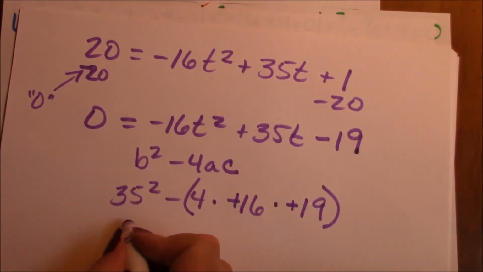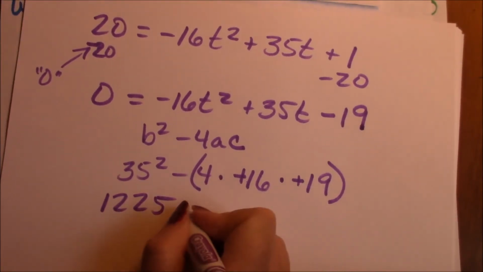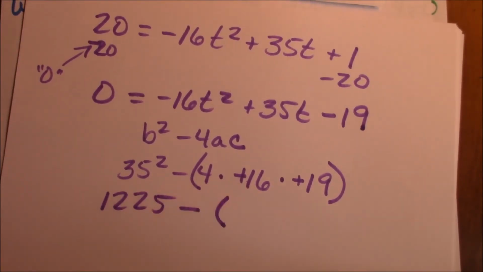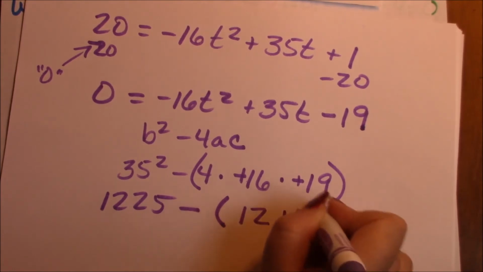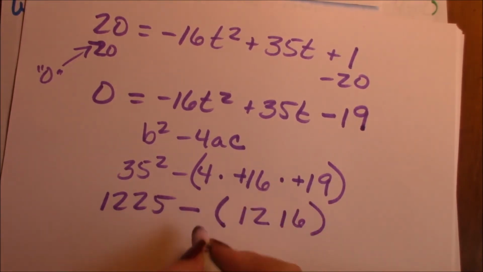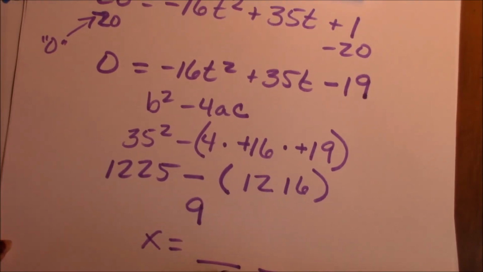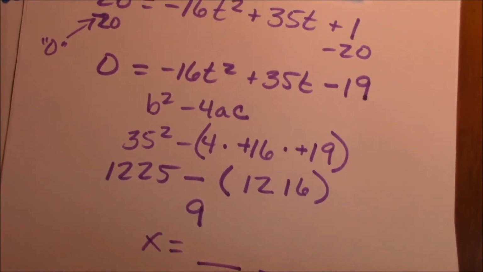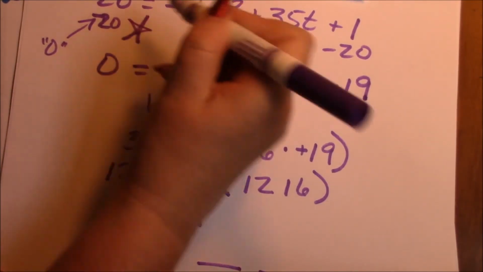So we have 35 squared, which is 1225, minus 4 times 16 times 19, which is 1216, which means we end up with a positive number. This is going to have 2 answers to it. A positive answer and a negative answer, and that's fine. That means that yes, it did happen.